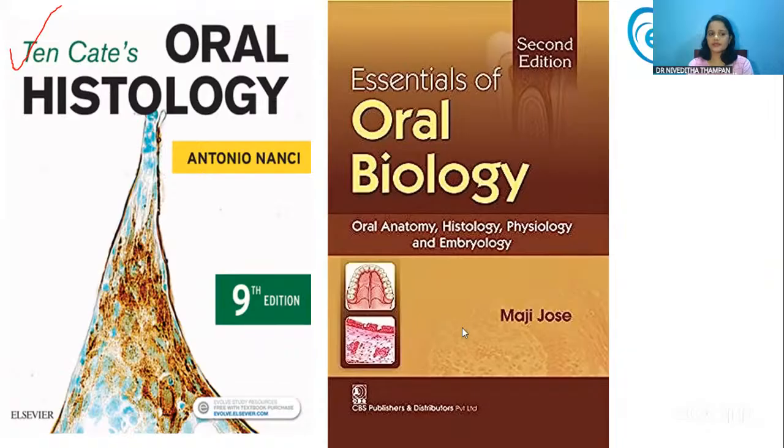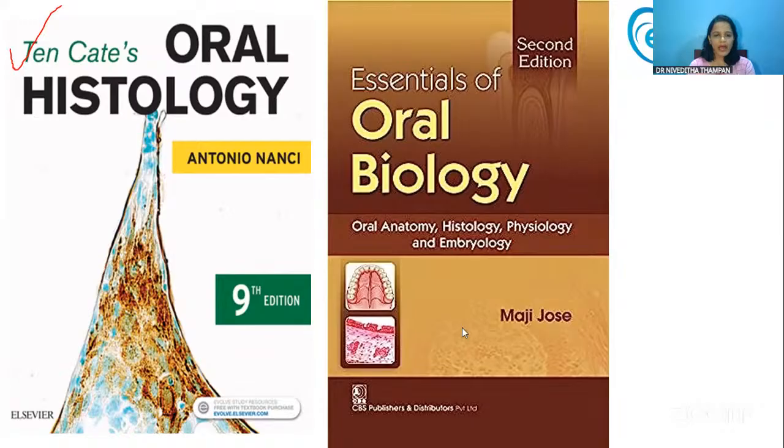There is also an image bank present there, so you can also log into the app and look at the image bank for solving these image-based questions. Then Ten Cate's is a little bit detailed book. It's very wide and detailed, and all the explanations are given in detail.